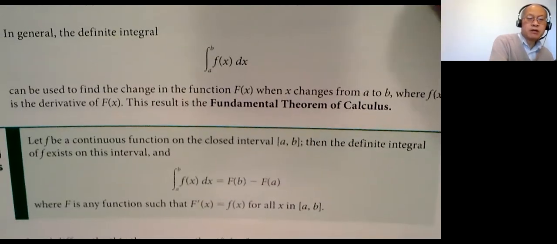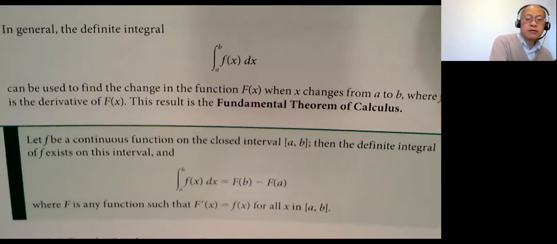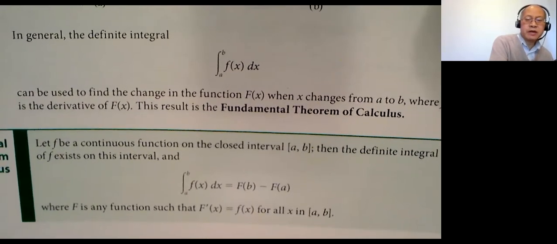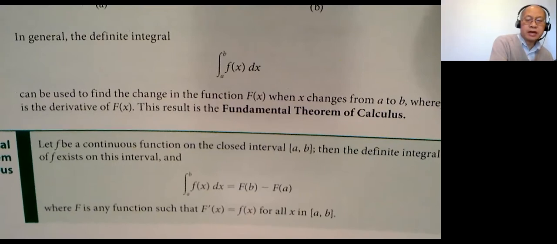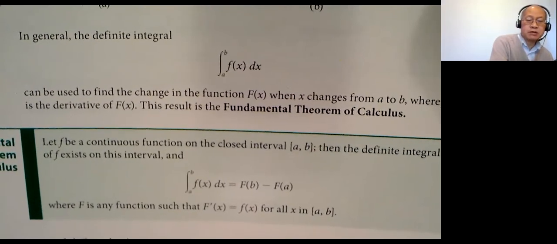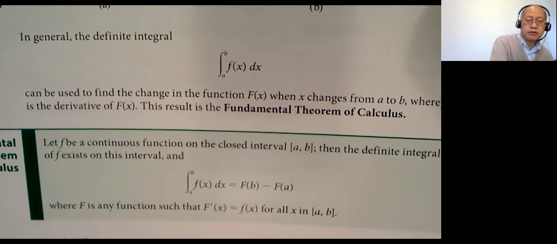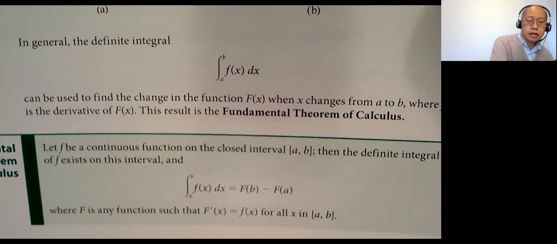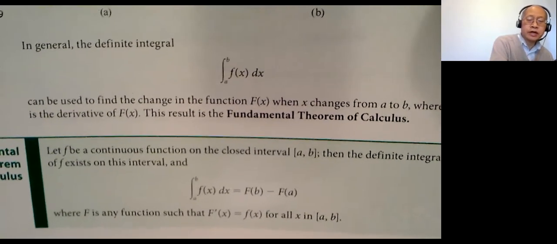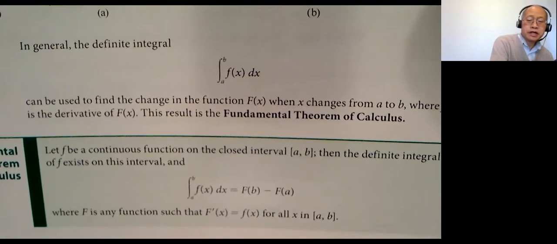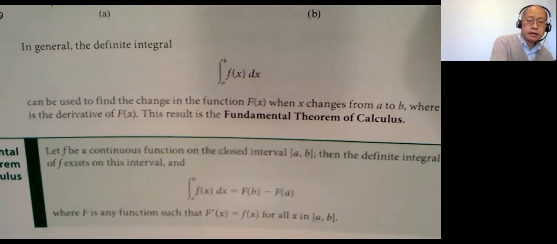Then the definite integral of f exists, and the integral from a to b of f of x dx is capital F of b minus capital F of a, where capital F is any function such that capital F prime of x equals f of x for all x in the interval a, b. Okay, it sounds scary, but it's actually much easier than you think. You anti-differentiate, you integrate, you plug in the top number, you plug in the bottom number, and subtract.